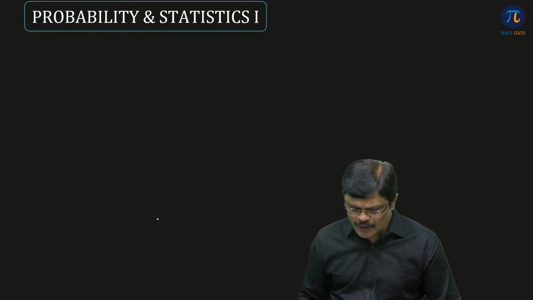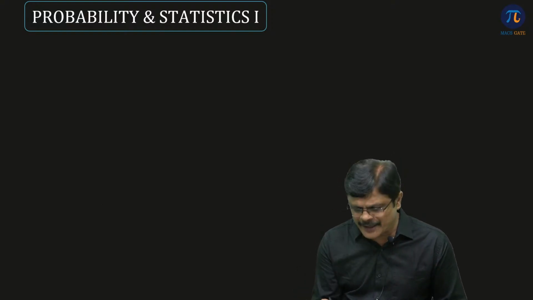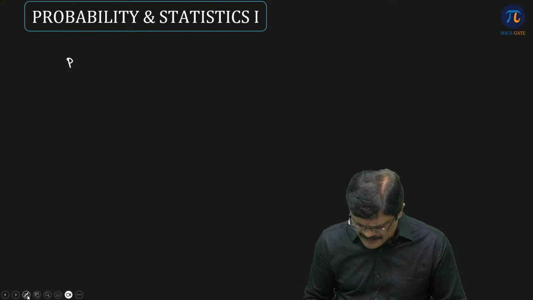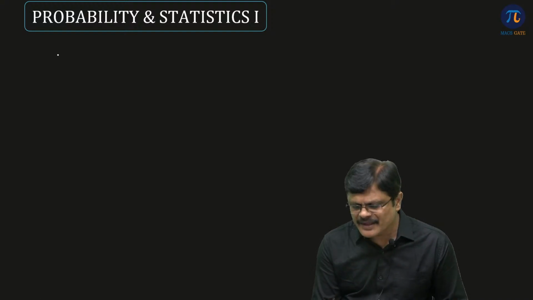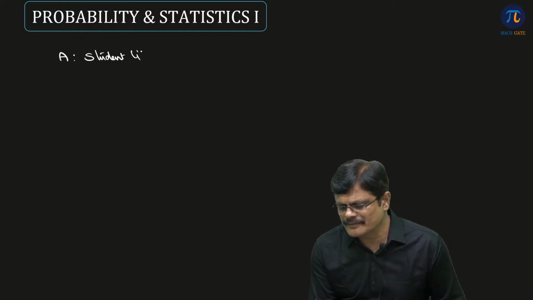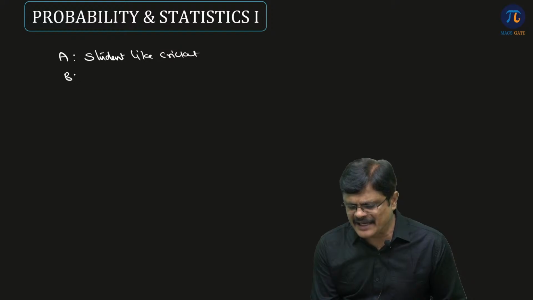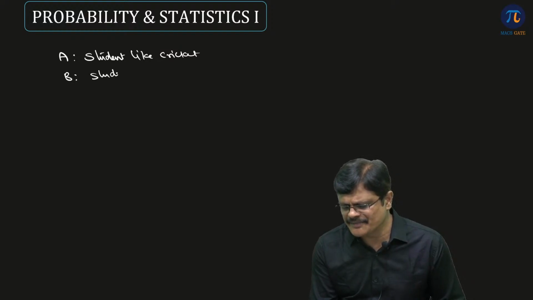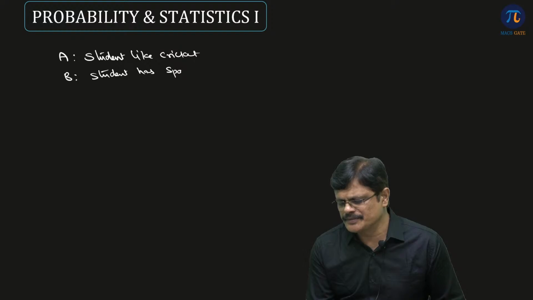Suppose you want to solve this using probability. Let us call A the event that the student likes cricket, and B the event that the student has sports shoes.